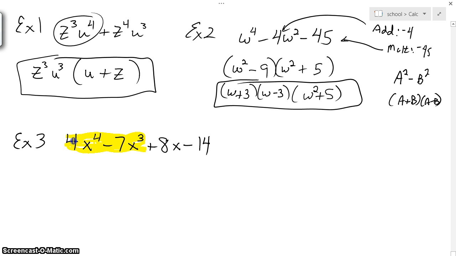When you see these 4 terms, see if we could do something called factoring by grouping. Now, factoring by grouping means that just looking at these 2 terms, see if there's a common factor that we could divide out just from these 2. Well, let's see, I have a 4x to the 4th minus 7x to the 3rd. A 4 and a 7 don't have a common factor other than a 1.